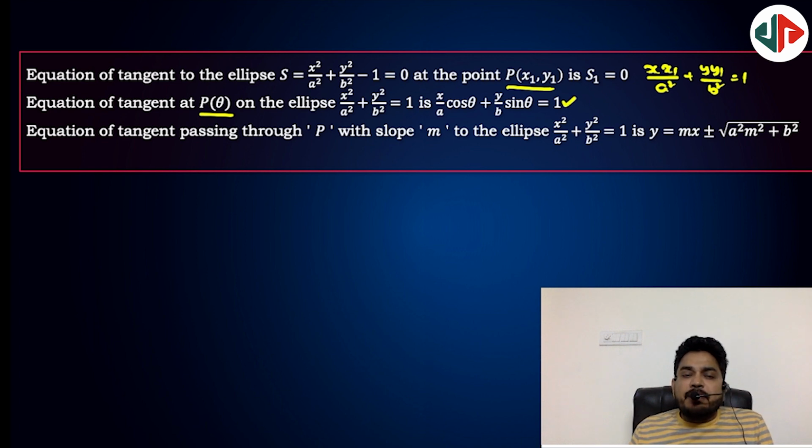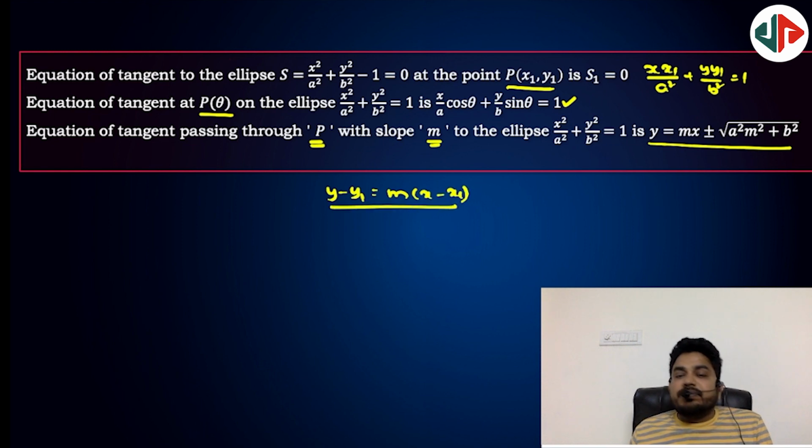Equation of the tangent passing through P and with slope m: generally y is equal to mx plus c, and instead of c you can write this expression. Or, passing through P, y minus y1 is equal to m into x minus x1.